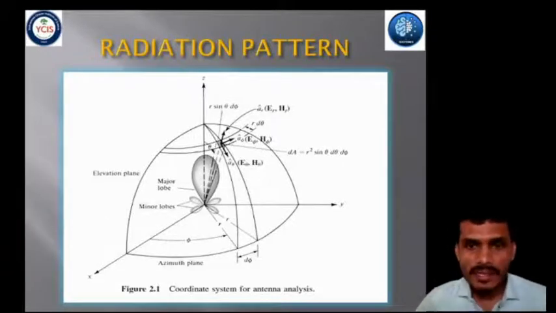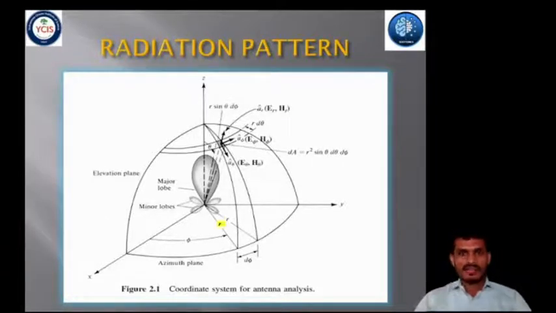Now R is the radius of that particular coordinate system analysis, and we analyze a small portion in that particular coordinate system.